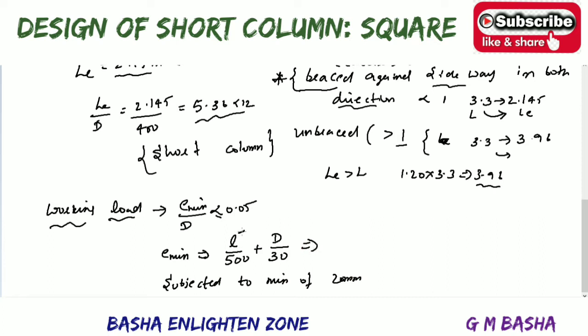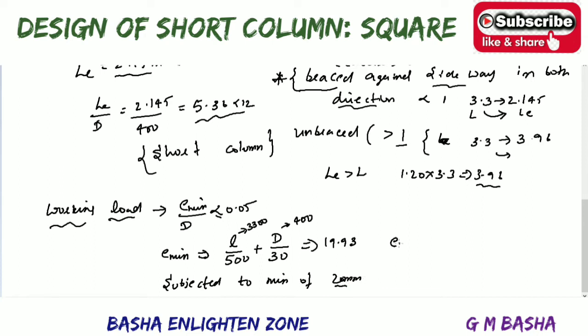See here, solve this first. What is the L value here? The L value is the unsupported length, that is 3300, and the D value is 400, which is given as a square column. For example, for a circular column you can take the diameter, whatever is given. If you simplify this value you will get 19.93. But what is given in the statement? Subject to a minimum of 20 mm.